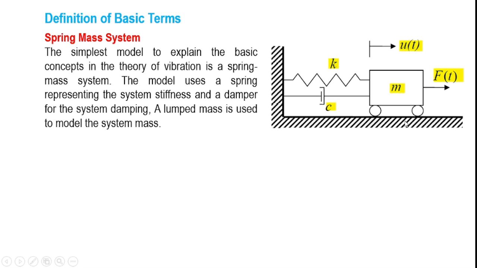As you can see, the system consists of a spring that represents the system stiffness, a damper that provides you the way of representing the system damping, and finally we have a lumped mass that is used to model the system mass.